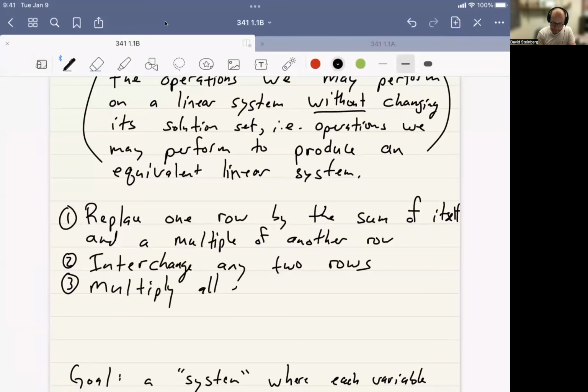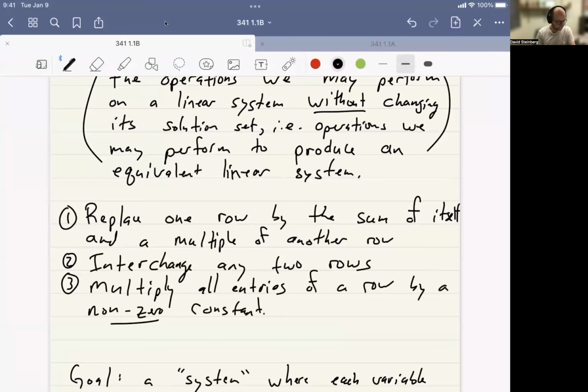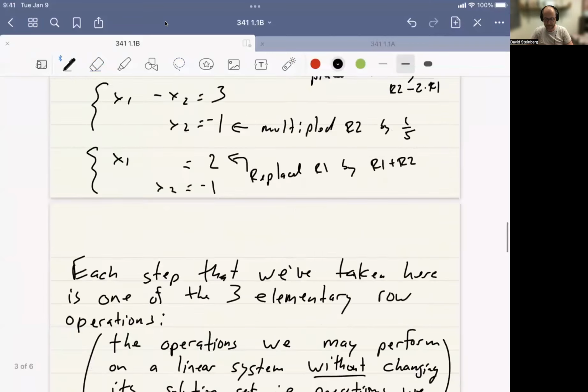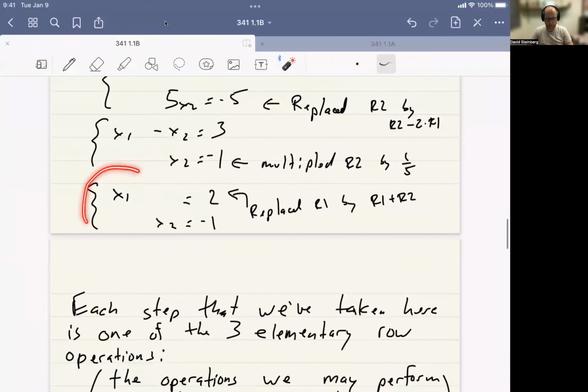Those are our elementary row operations. Our goal is always a system where each variable only appears once. That's what we did up here, and that's what we'll always be trying to do.